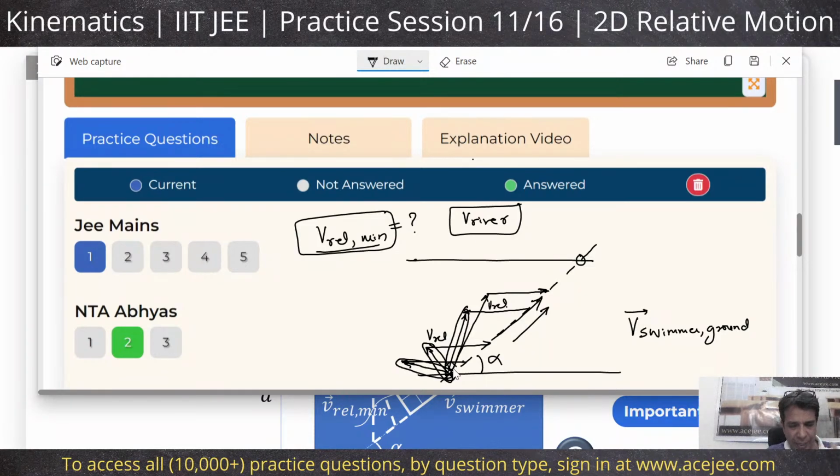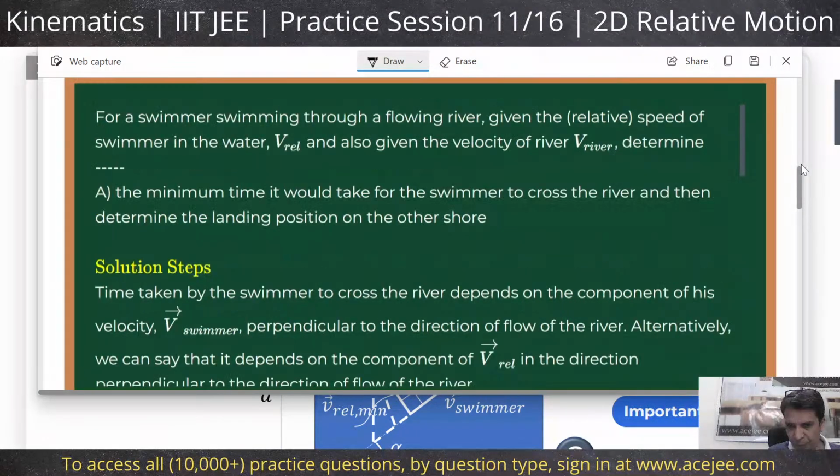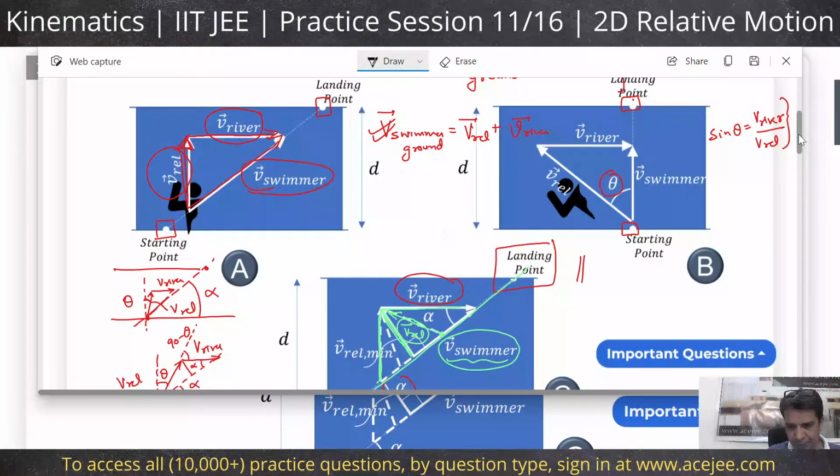So in what scenario would this V relative be minimum? This V relative will be minimum when it is perpendicular. To make the point, let's use this diagram.